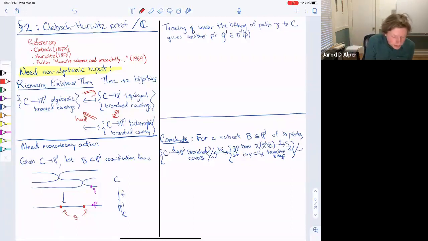Right, and we'll also need the following ingredient from topology: we'll look at the monodromy action. Let me explain quickly, even though that may be familiar to many of you. I take a curve, and I let B in P1 be the branch locus, so that's the red points down here.